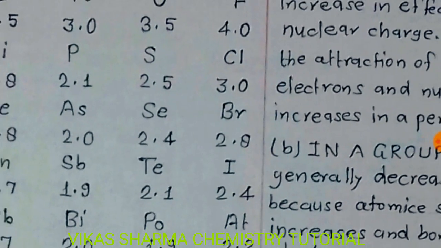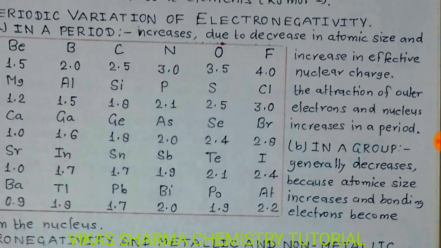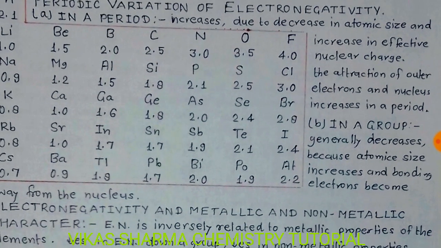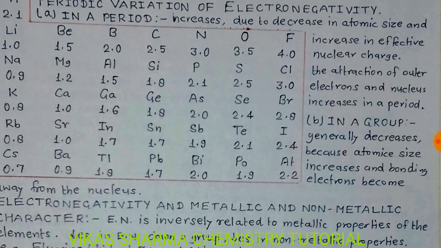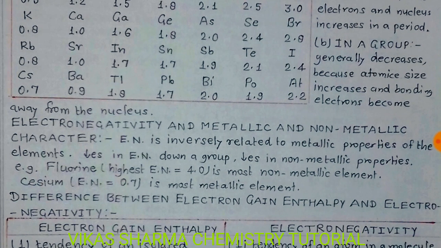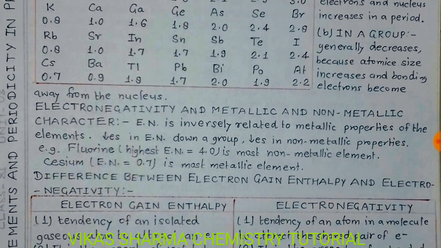In the halogen family, fluorine is the most electronegative, 4.0, and chlorine is 3.0. Due to the decrease in atomic size and increase in effective nuclear charge, the attraction between outer electrons and the nucleus increases in a period. In a group, it generally decreases because atomic size increases and bonding electrons become farther from the nucleus.